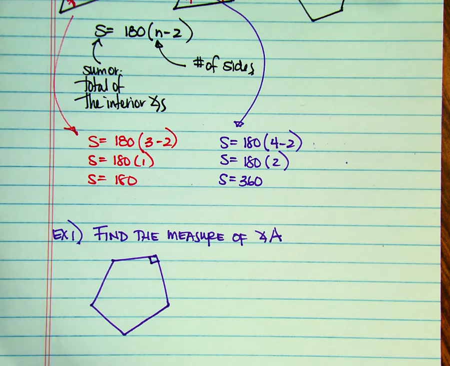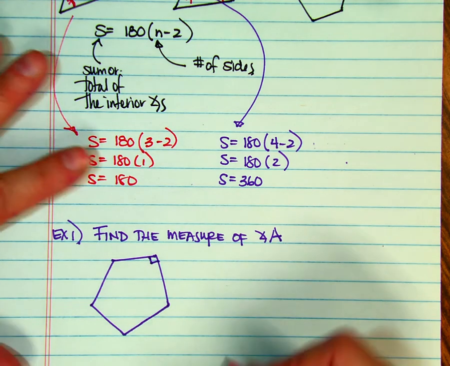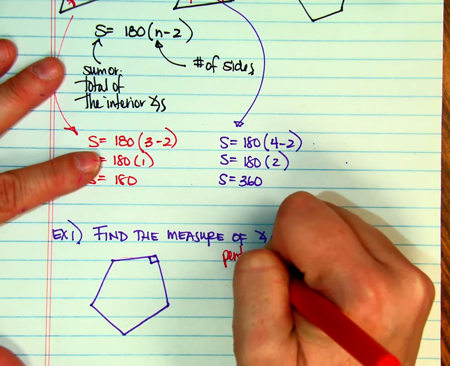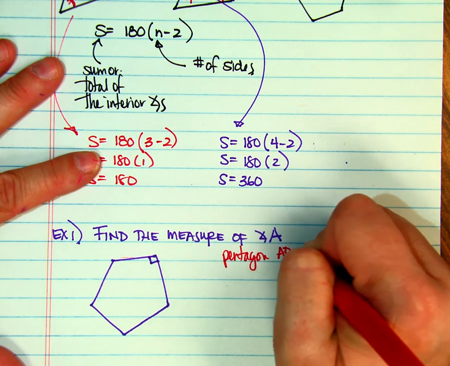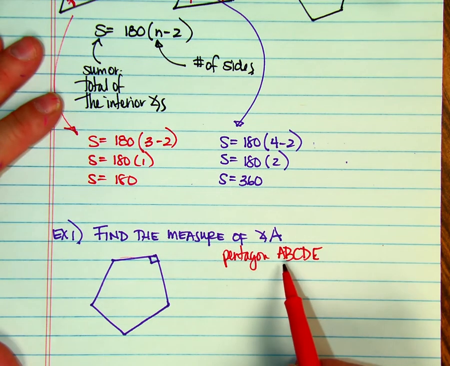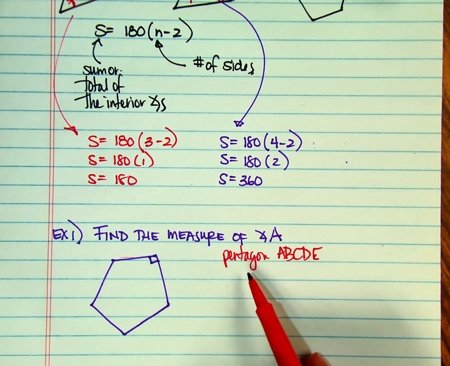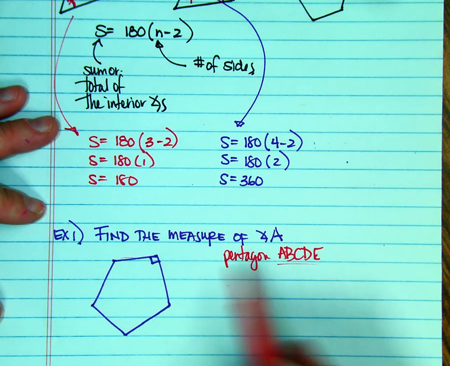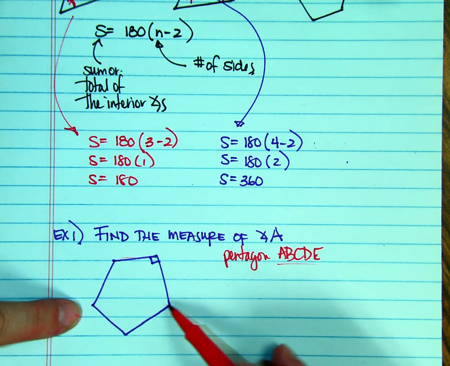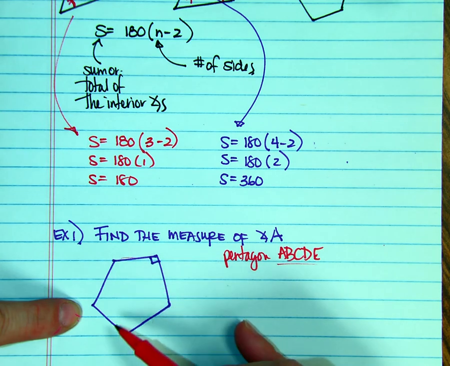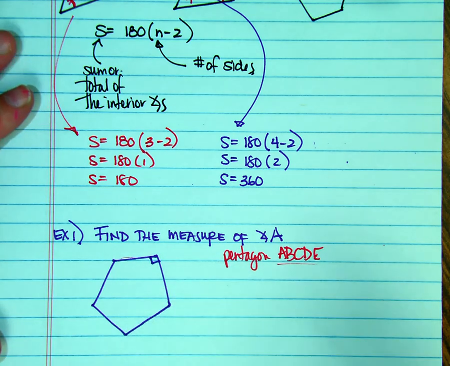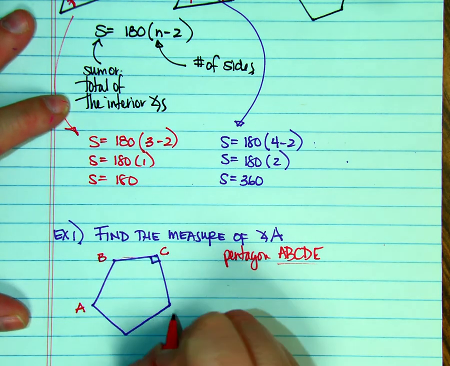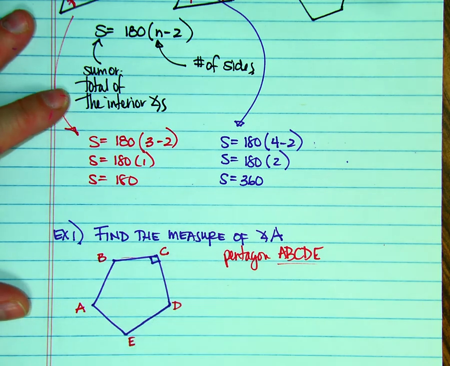When we are labeling polygons, it is a pentagon, so we're going to call this pentagon A, B, C, D, E. So if it says A, B, C, D, E, that means we start at A somewhere and then go either clockwise or counterclockwise with these letters. You do not bounce around and go A, B, C, D, and then E. So we're going in a direction. So this is going to be angle A, angle B, angle C, angle D, and angle E.